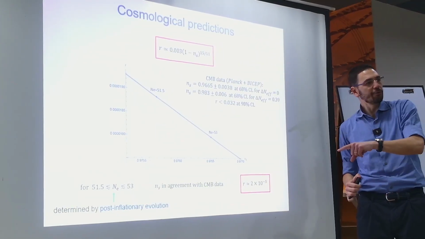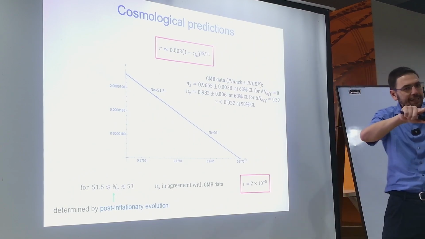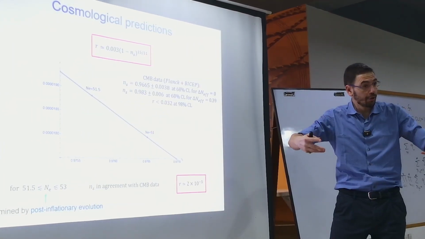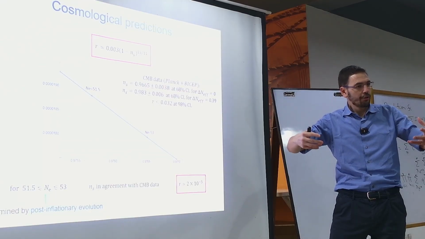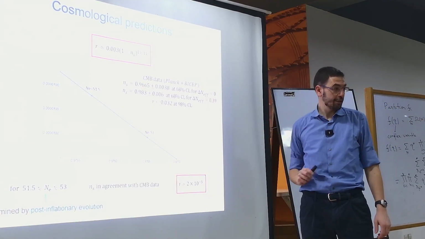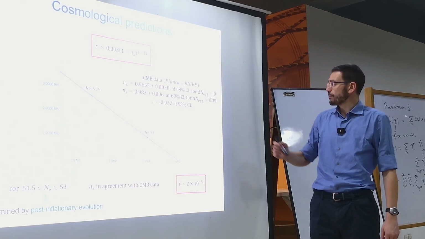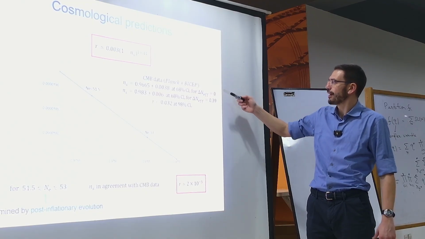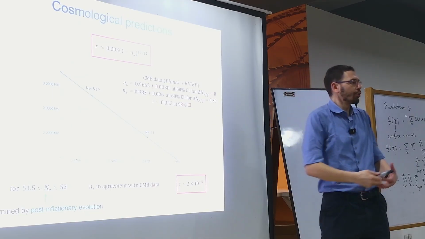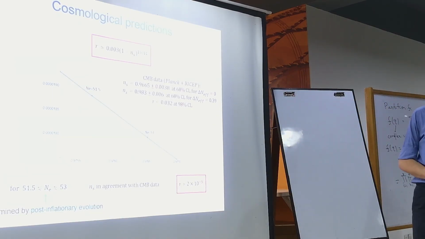But remember, we've seen before that there is always a light spectator field. So this light spectator field can be produced when the inflaton decays, it will be the axion of the volume mode, and that can contribute to dark radiation. So that means that you should match the data not for delta N_eff equal to 0, but for the value of delta N_eff that you get from your model.